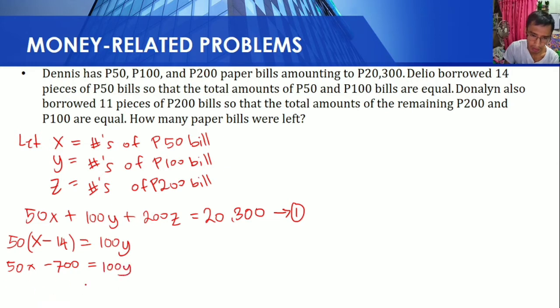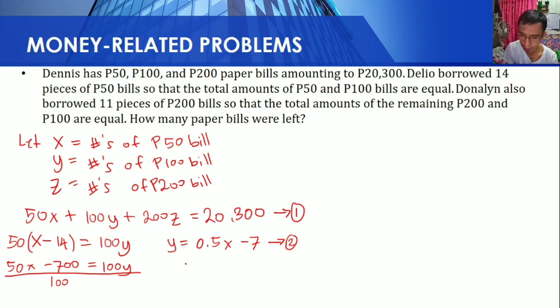So divide natin ng 100 para matira na lang yung y. So divide both sides by 100. So y will be, so 50 divided by 100. So i-decimal na lang natin to. So that will be 0.5x minus 700 over 100, that will be 7. So this will be our equation 2.